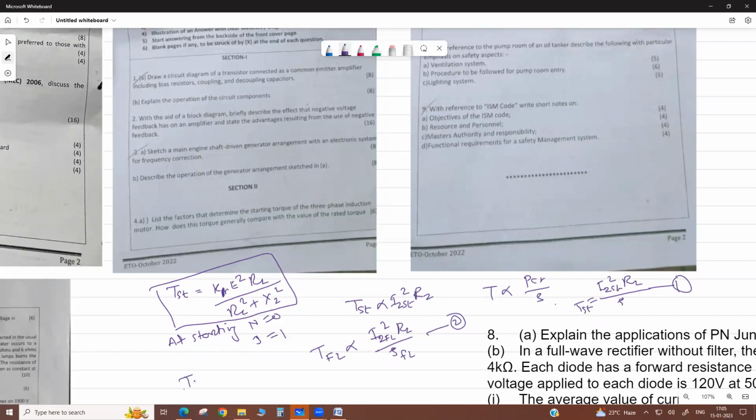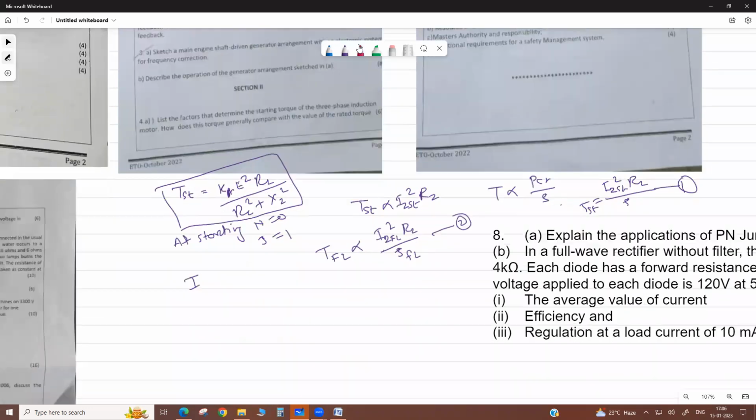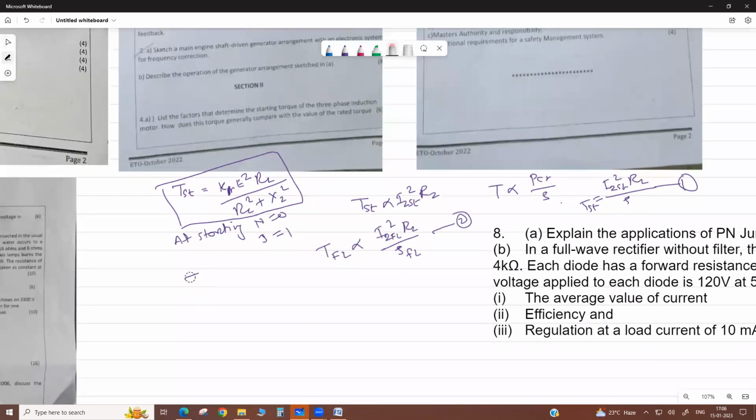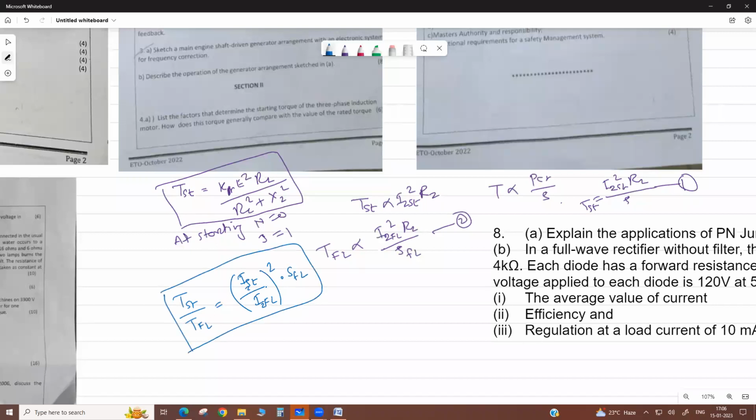So as you know, TST by TFL equals IST by IFL, rotor current, whole square, into full load slip. This is the relation.